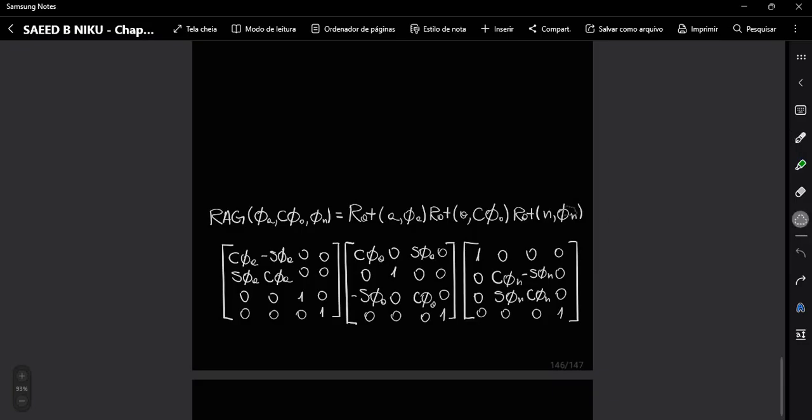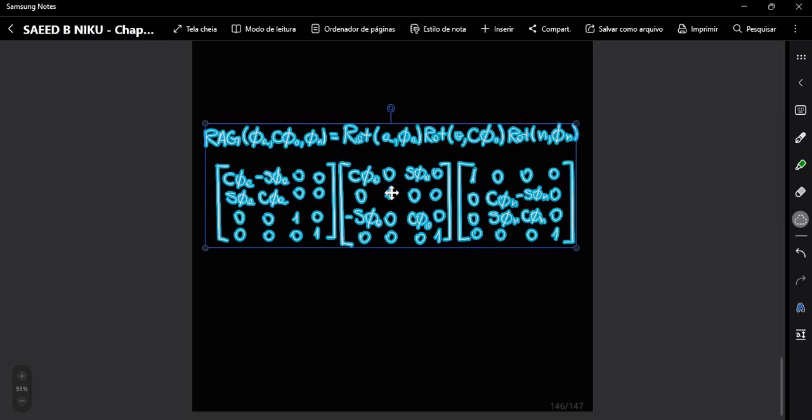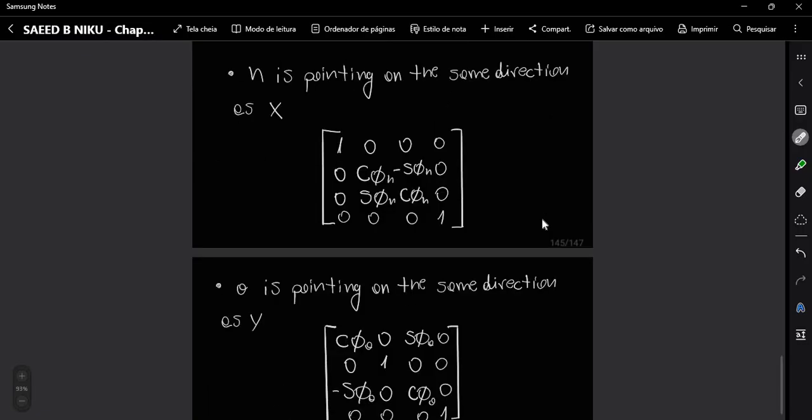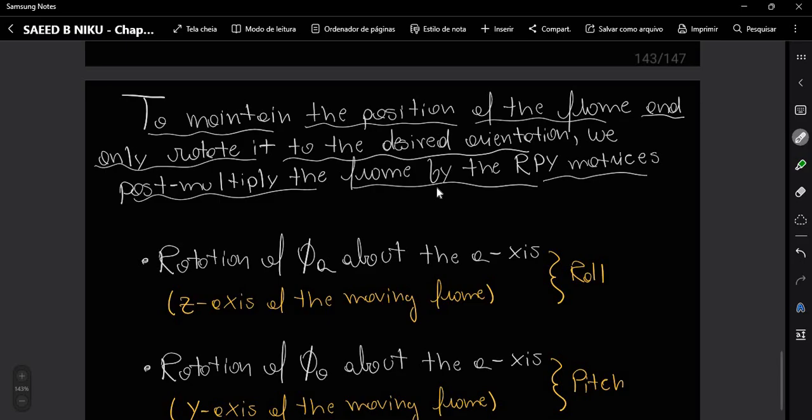And exactly. This technique of doing a rotation without changing the position consists of post multiplying. Let's see, we have to post multiply.